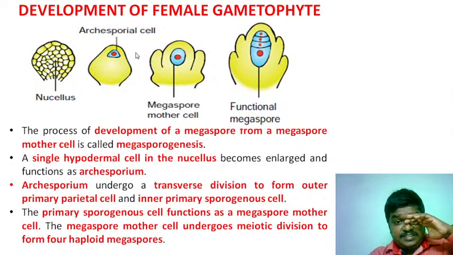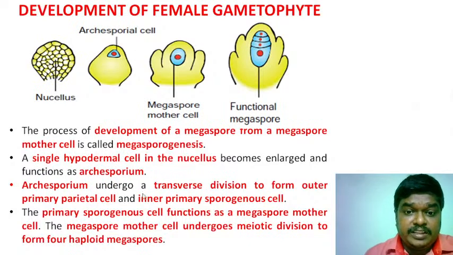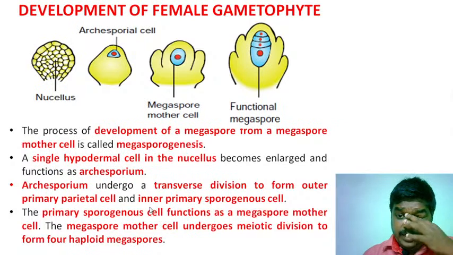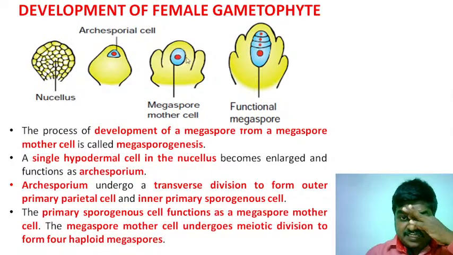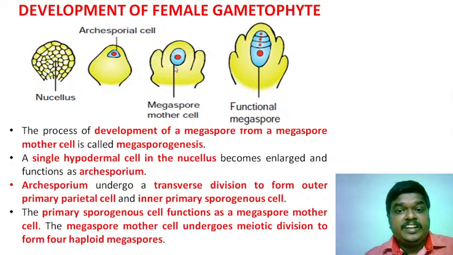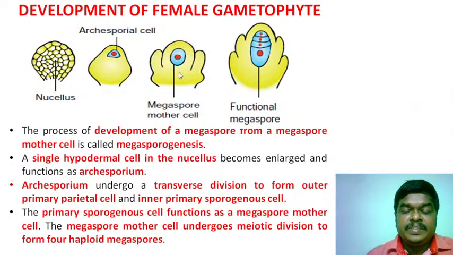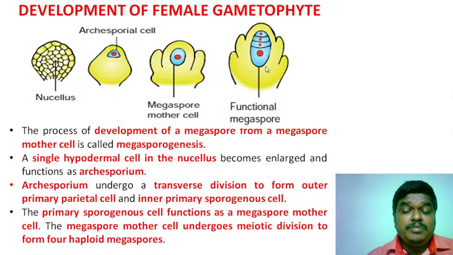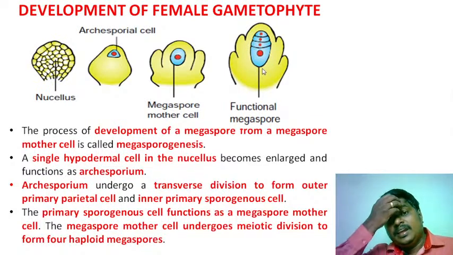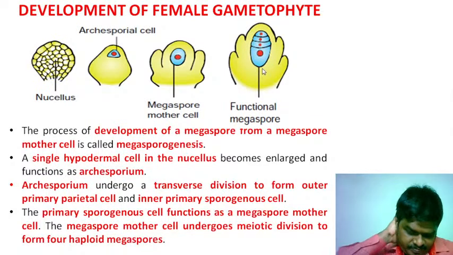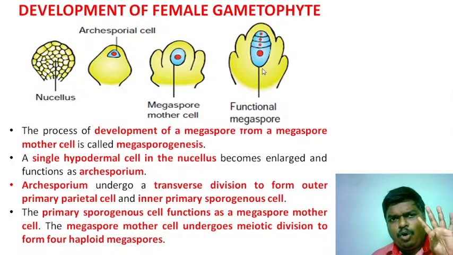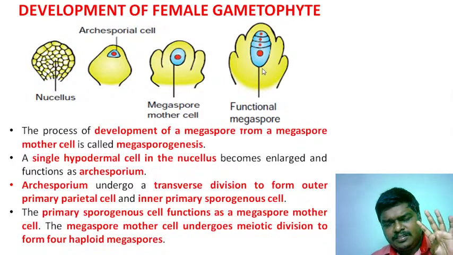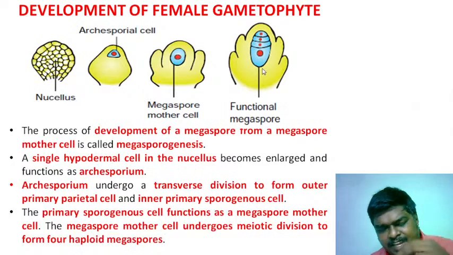These undergo divisions and form the primary parietal cell and inner primary sporogenous cells, which become the megaspore mother cells. These undergo meiotic division and form 4 haploid cells. In the case of the male gametophyte, we have learned that the 4 haploid microspores become the pollen grains.